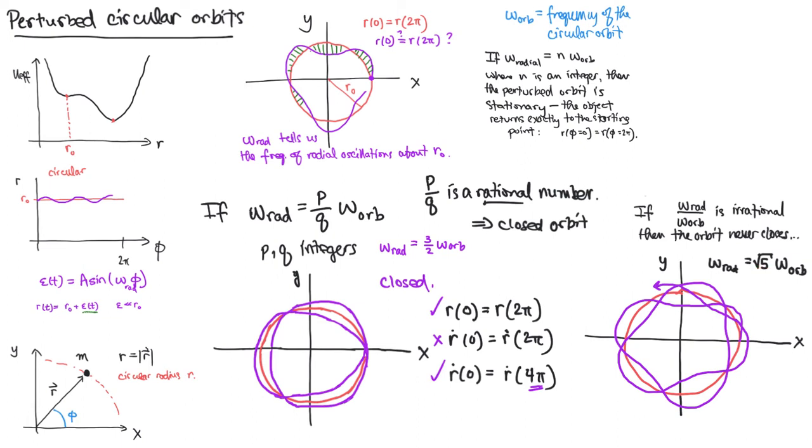Okay, so let's say the radial oscillation frequency is the square root of 5 times bigger than the orbital frequency. In that case, you might have an orbit that looks like this purple one. So it oscillates in and out, but it never repeats on itself. And you could do this forever, and you're never going to come back to exactly this original path that we started on. Okay, in which case the orbit never closes.